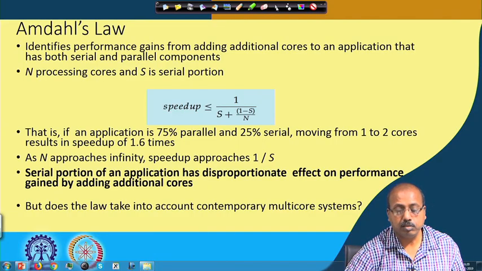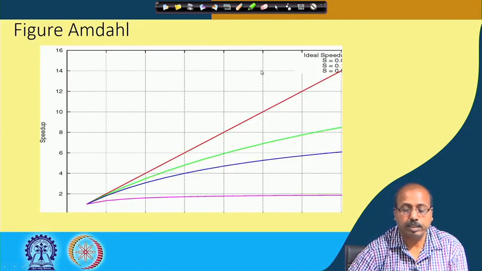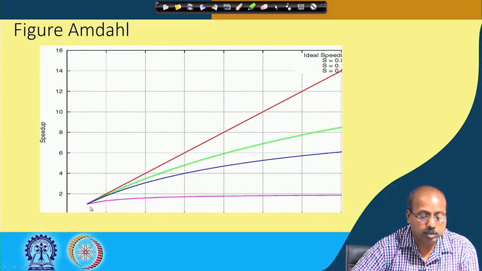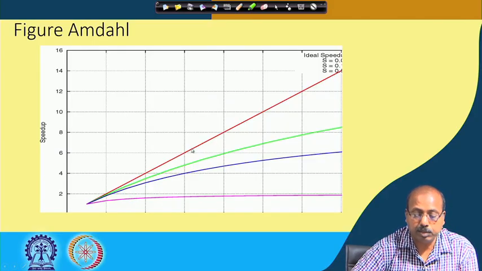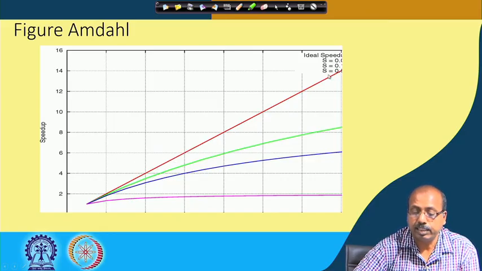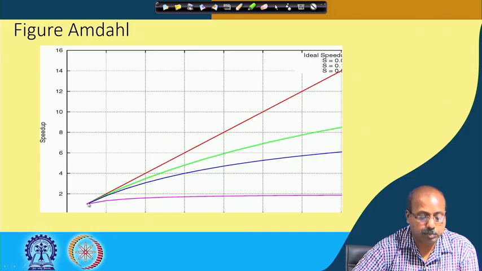Next we will have a look at a graph that shows this. This is the ideal situation: as you increase the number of processors, the speed up should grow like this. This red line: with 1 the speed up is 1, with 2 the speed up should be 2, with 4 the speed up should be 4.